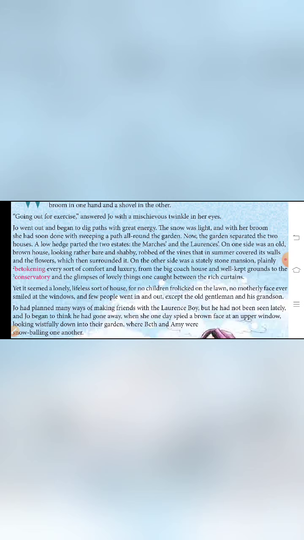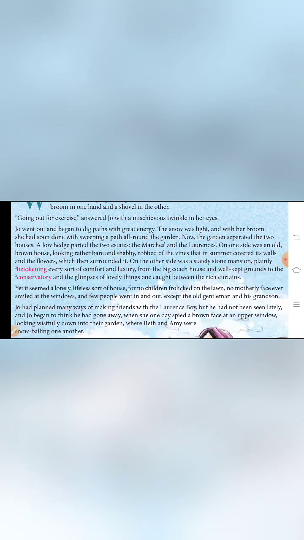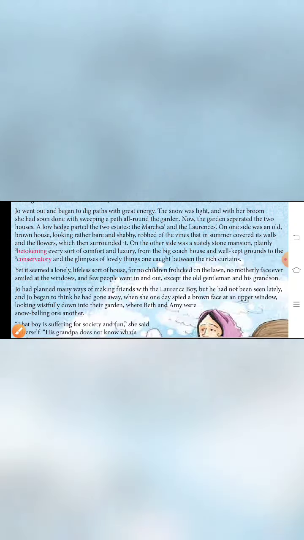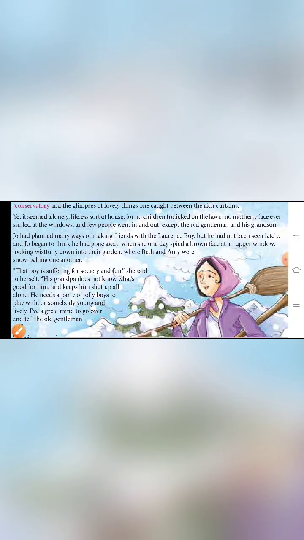So let's see what she is doing. Joe began to dig a path with great energy. The snow was light, and with her broom. What is a broom? A broom is an instrument used to clean the room. You must have seen she is carrying a broom here. So this is a broom.